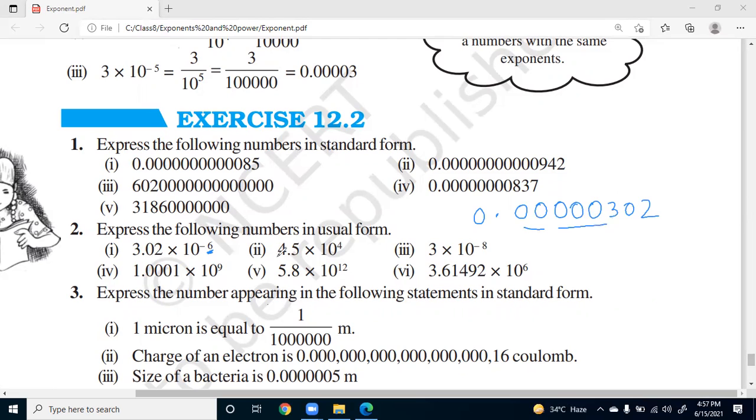If you look at the second part, then 10 raised to the power 4 means 4 digits. So if I move the decimal, 5 is the 1 digit and then I have to put 3 zeros like this. So this is the answer for the second part. Have you understood it? Yes, ma'am. Please try the rest of the 4 parts by yourself.